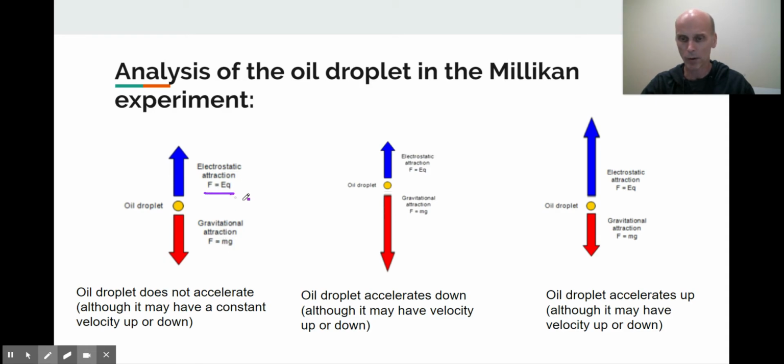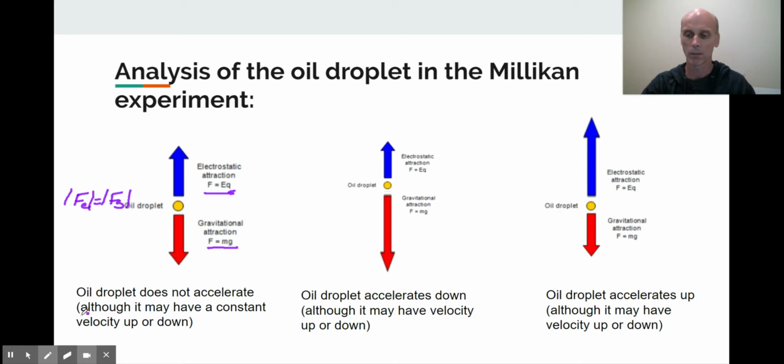So the equation for the electrostatic force, Fe equals EQ, and the equation for the force of gravity, we could, in this circumstance, say Fe is equal to Fg in magnitude, one's up and one's down. And as you have seen in the past, this allows us to start to maybe do some calculations which we couldn't prior to this do. We know a lot about forces of gravity, and we can use that to find, in Millikan's case, the charge.